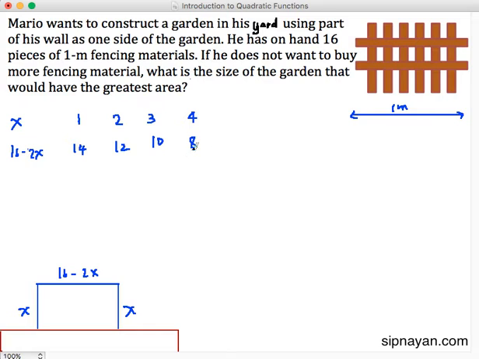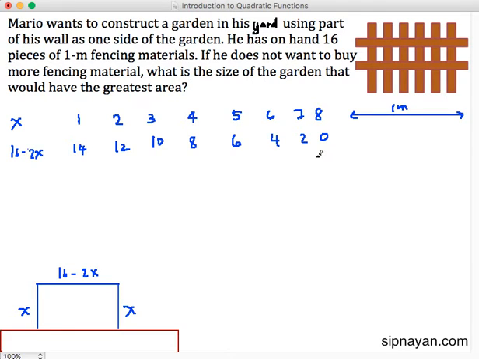Makikita nyo ba yung pattern? So, makakontinue ba siya? 6, 7, 8. So, bumababa siya ng dalawa kasi nadadagdag dito, di ba? Every time na dinagdagan mo to ng isa, babawasan ng dalawa ito. So, 8 magiging 6, magiging 4, magiging 2, magiging 0.